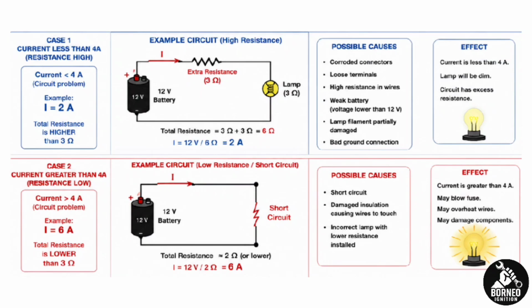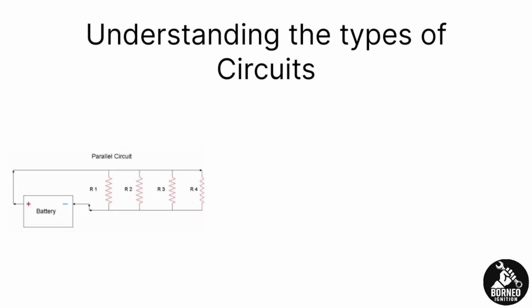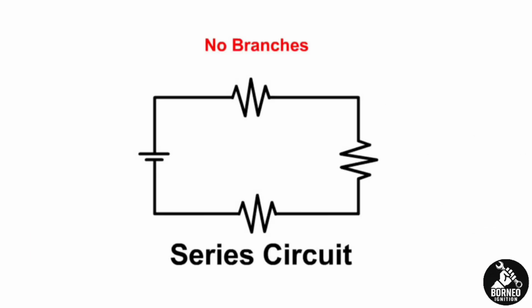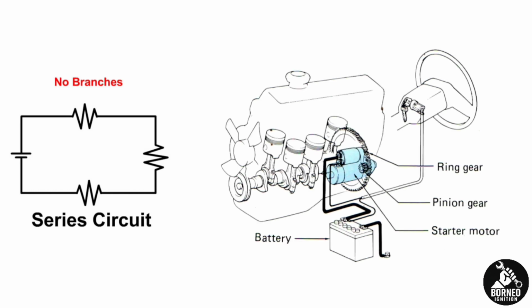Okay, done with that. Point number 4, we need to understand the types of circuits in automotive electrical. Basically there are 3 types of typical circuits in an automotive electrical system. First are the series circuits, where the series circuit has only one path for electrical current to flow, like for example a fuse connected in series with a load, and some sensor circuits in an engine management system.